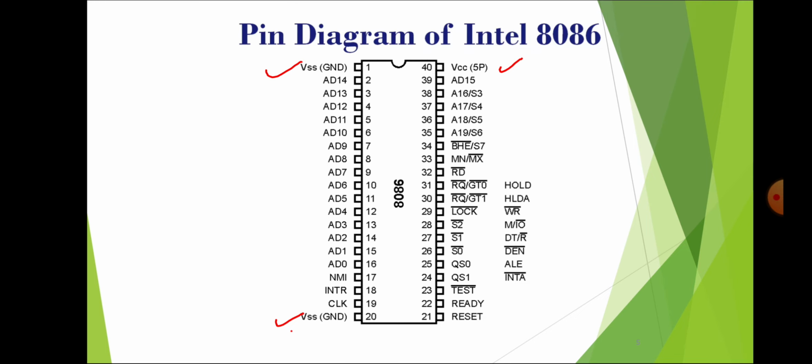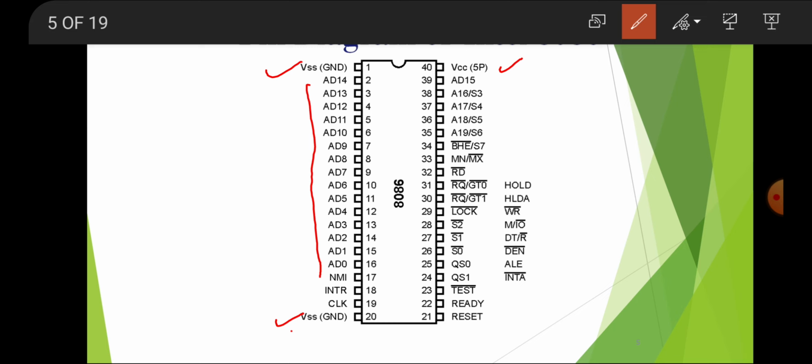Now you can see here AD1 to AD14, and the AD15 pin is here. What does it indicate exactly? That is called the address and data bus.